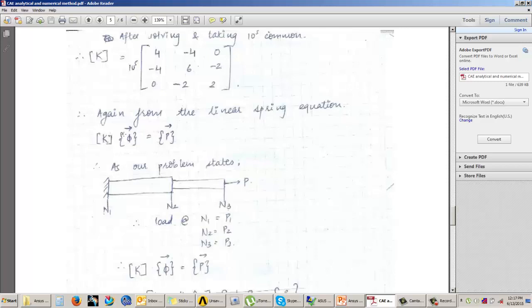K is our stiffness matrix, DL stands for the change in length, and P stands for the force applied. If I consider the free body diagram, that is N1, N2 and N3, we will have a different change in length at every node. That is, I will have a change in length at N1, some change in length at N2, and also at N3. The load applied at N1 is P1, the load applied at N2 is P2, and the load applied at N3 is P3.